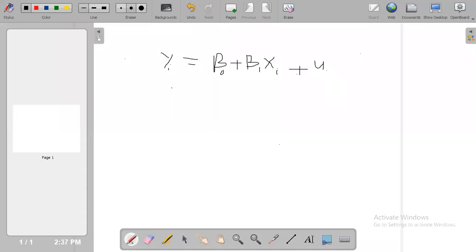This is, for example, my model. So this part is basically representing the conditional mean, this is actually y given xi, and plus ui.